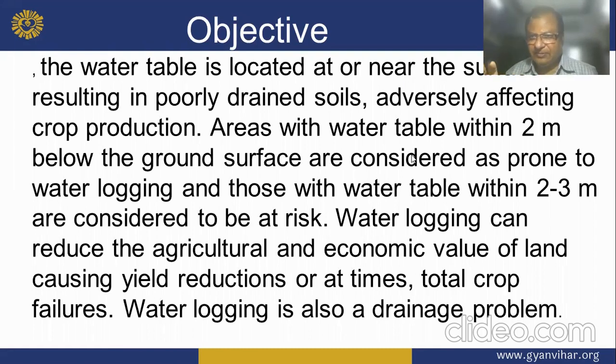Areas with water table within 2 meters below the ground surface are considered prone to waterlogging, and those with water table within 2 to 3 meters are considered to be at risk.